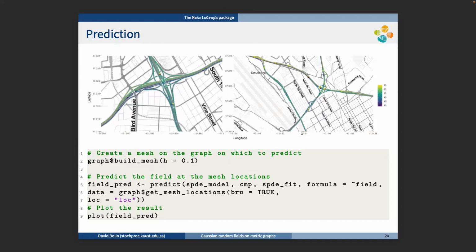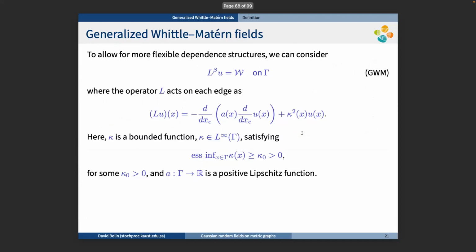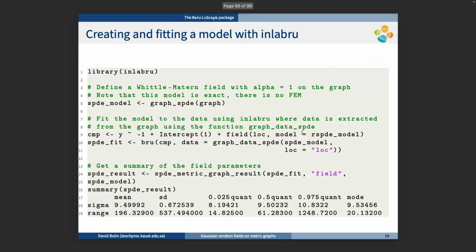So it would be good to be able to estimate the smoothness parameter from data. And secondly, in this model, the parameters kappa and sigma have to be constant, which essentially means that you cannot let the correlation range vary over the space. That might also be a restriction.